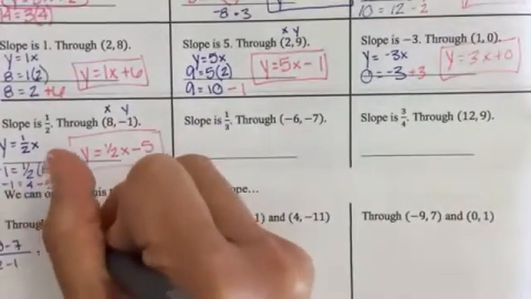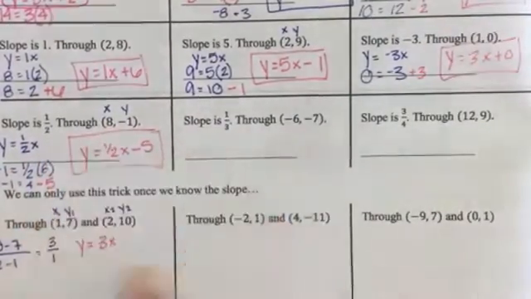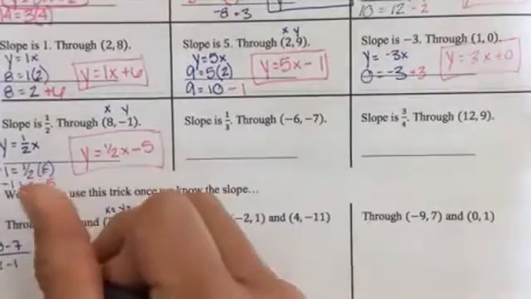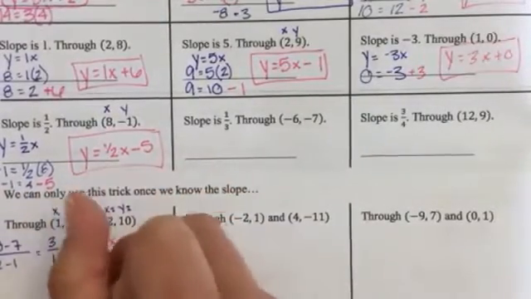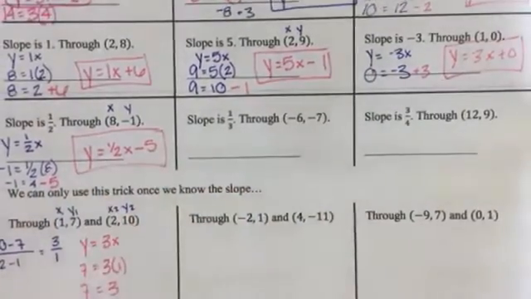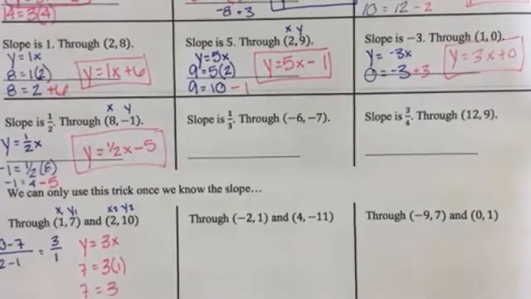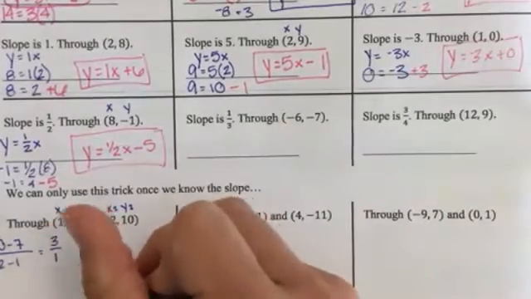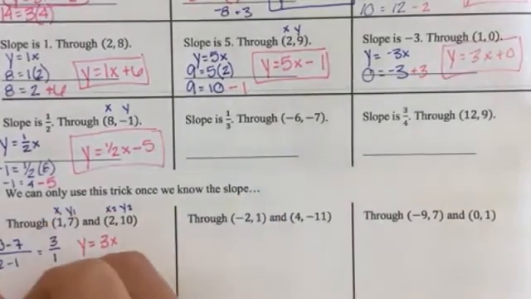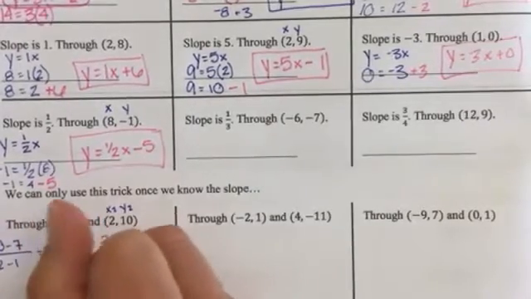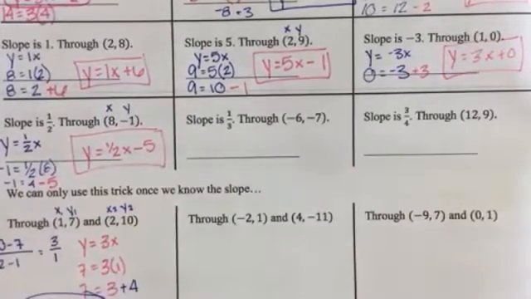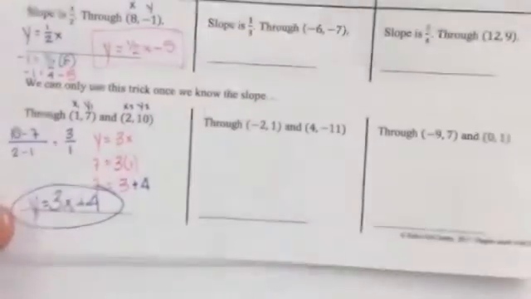So we have y equals 3x. Let's just use the first set. So 7 equals 3 times 1. 7 does not equal 3. What would I have to do to get to 7? Add 4. So my equation is y equals 3x plus 4.